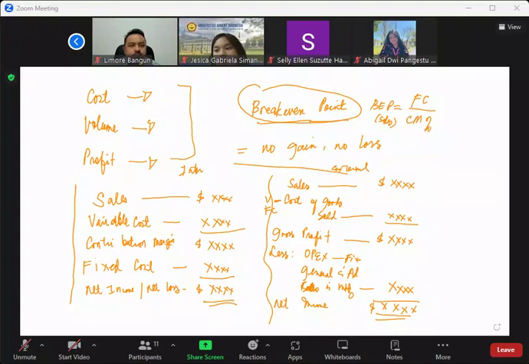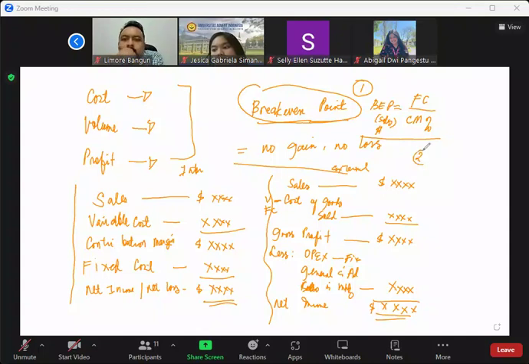So let me change the color of this one. Now we're going straight to a formula. If you're looking for a break-even in sales or in dollars, this is being used.